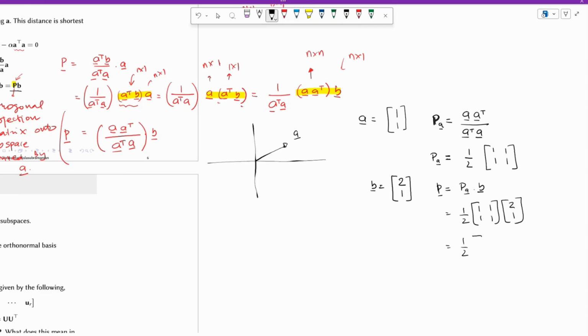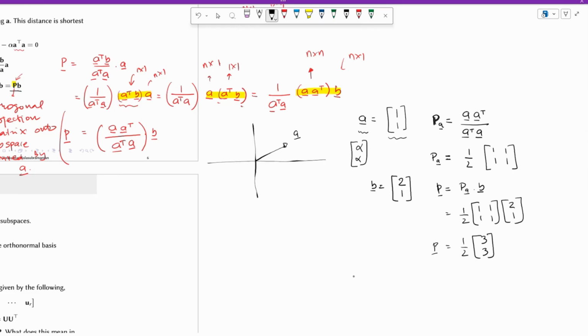I will get 3 by 2, 3 by 2. See, the two components of the vector that comes out have to be the same, because it's a vector in the span of A, and elements from the span of A will always be of this form. The two elements are the same because all of them are scaled versions of this. Is it clear? Okay. All right.